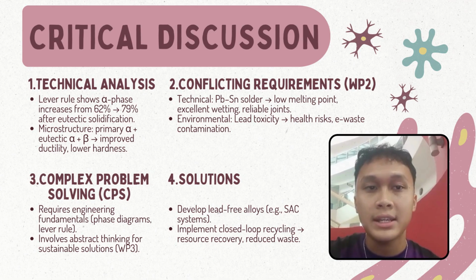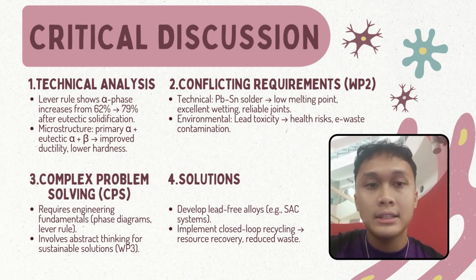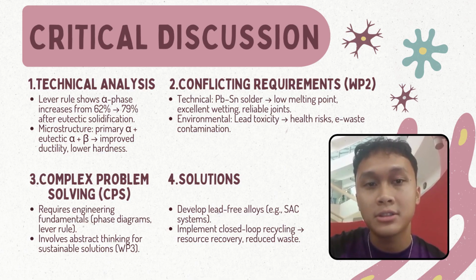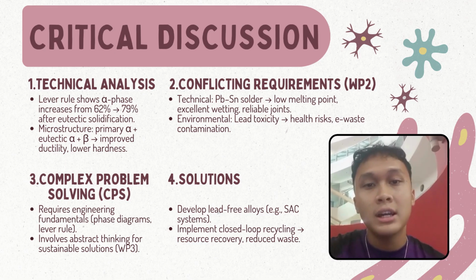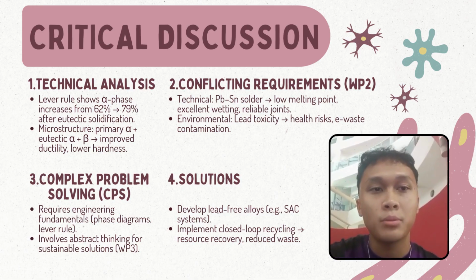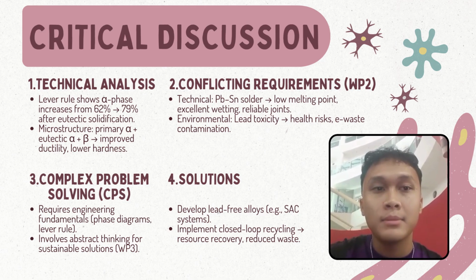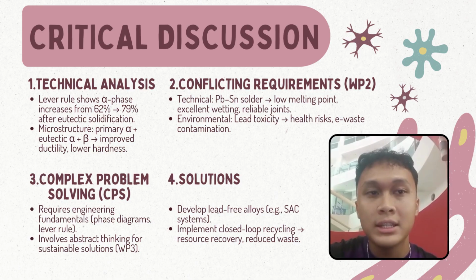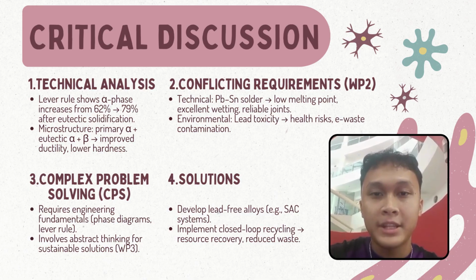In the engineering insight, lead-tin alloys offer excellent wetting and low melting point for electronics, while the environmental concern is toxicity and the need for sustainable alternatives. Sustainability-linked SDG 12 promotes lead-free solders, such as SAC alloys, and implements e-waste recycling for resource recovery. That's all.